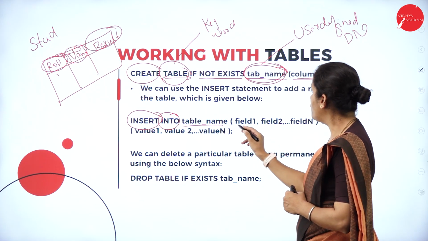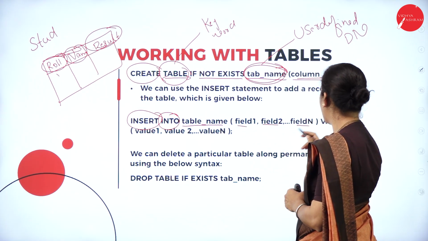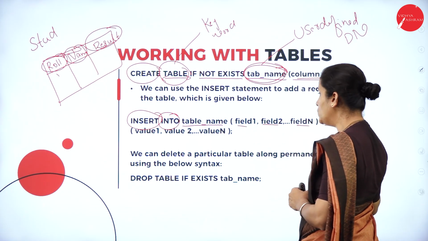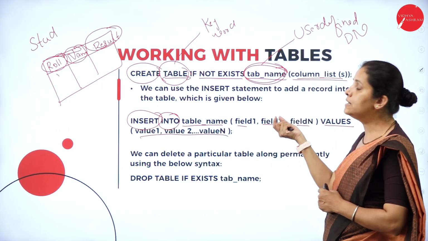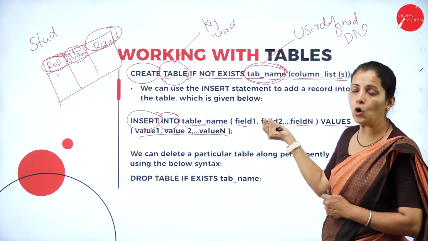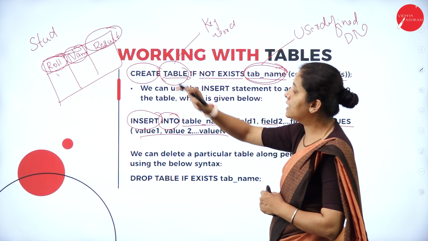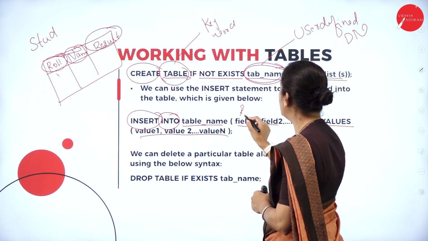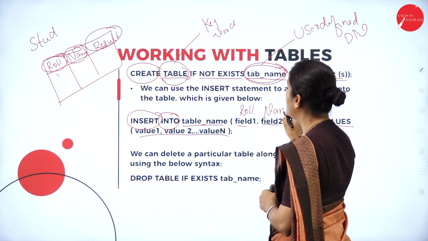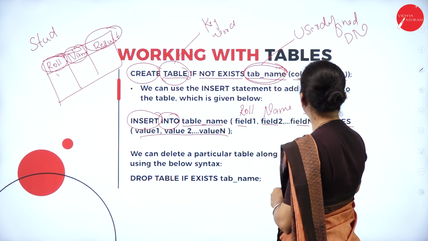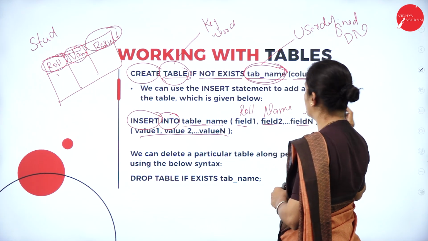Then field 1, field 2, field n, values, and I'm going to specify the values. Here fields are nothing but the names of the columns. If I consider the example, roll number is my field, name is my field, and result is also my field.